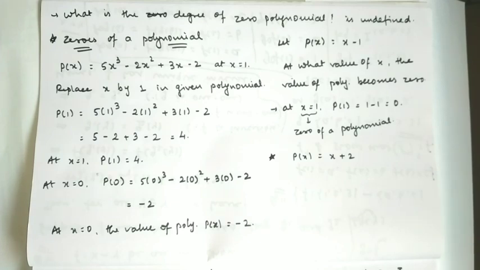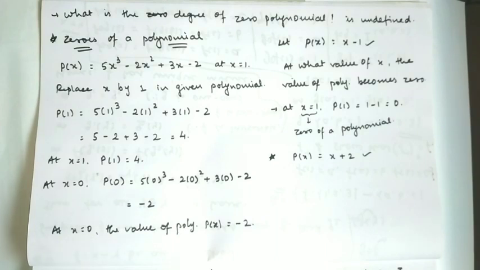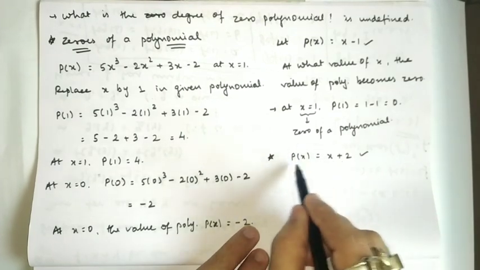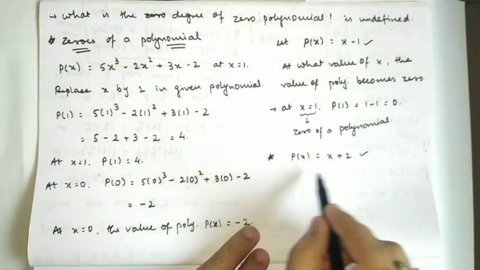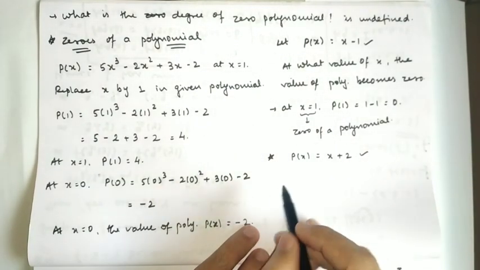But as far as we are talking of a linear polynomial, it must have one and only one zero. For the linear polynomial, it has only one zero. So what should be the value of x? We can replace it over here such that the polynomial becomes 0.